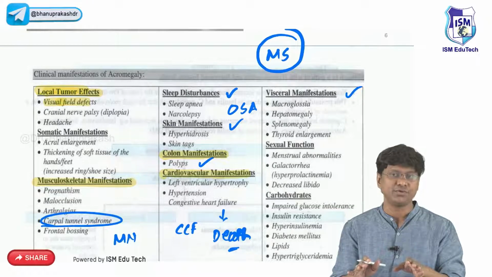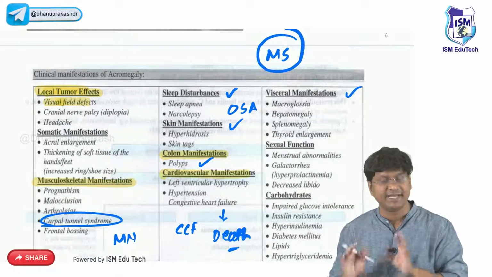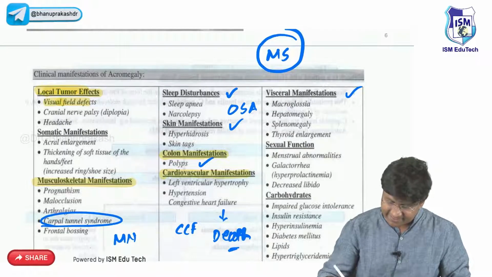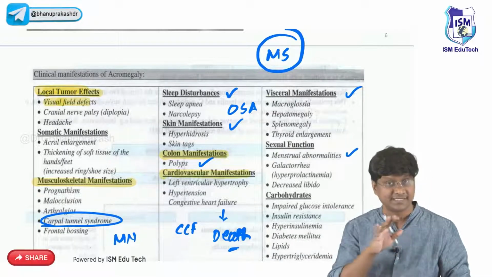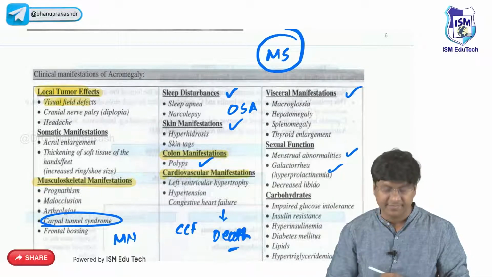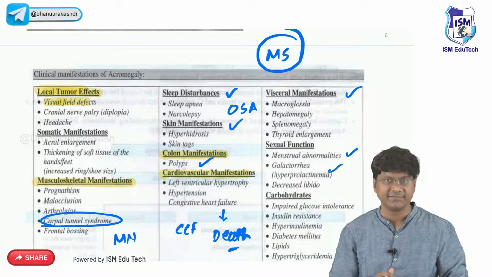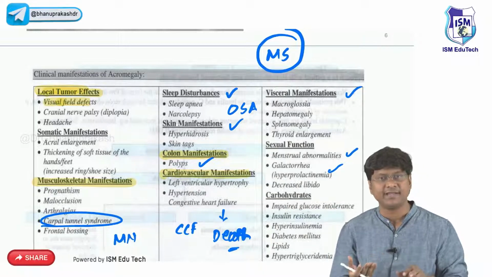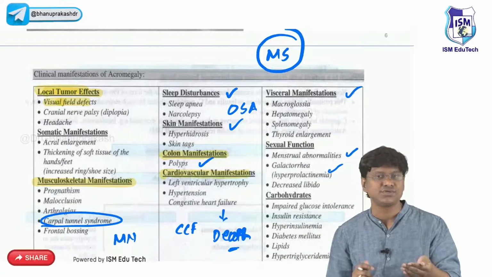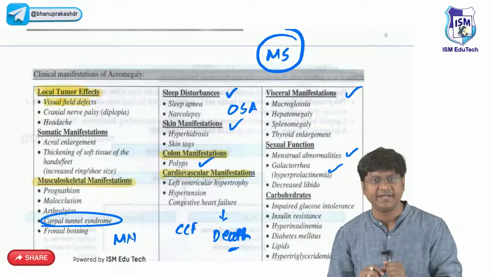So mammosomatotroph type of pituitary adenomas will have sexual abnormalities, in the form of menstrual abnormalities, that is amenorrhea, and they will also have galactorrhea and decreased libido. Why? Because prolactin will decrease the testosterone production, and that is the reason why there will be decreased libido.